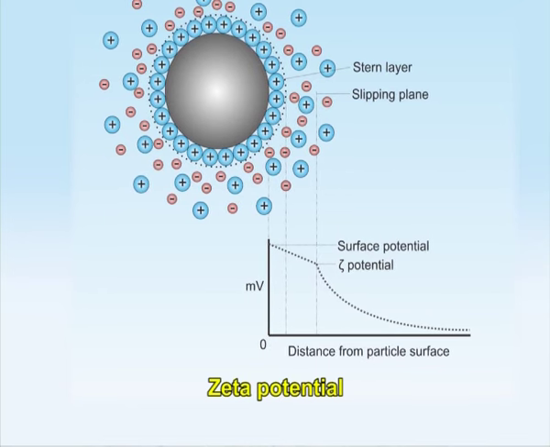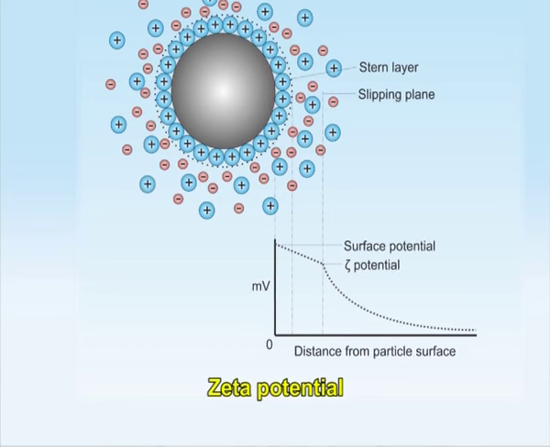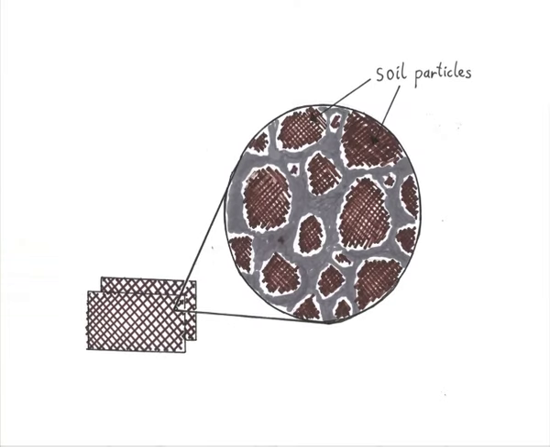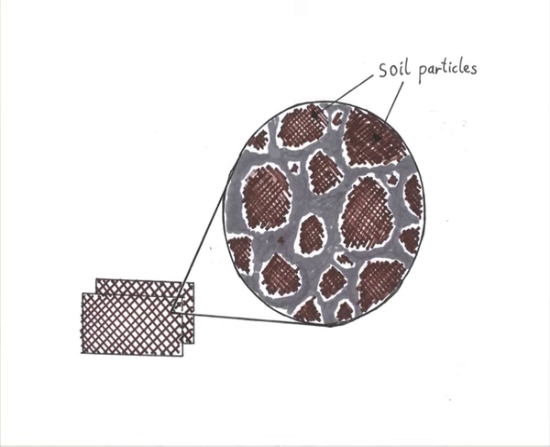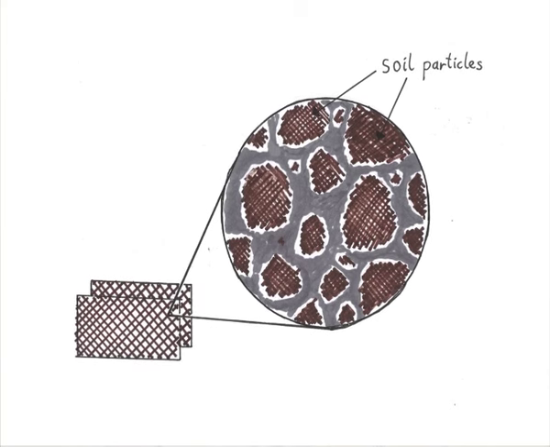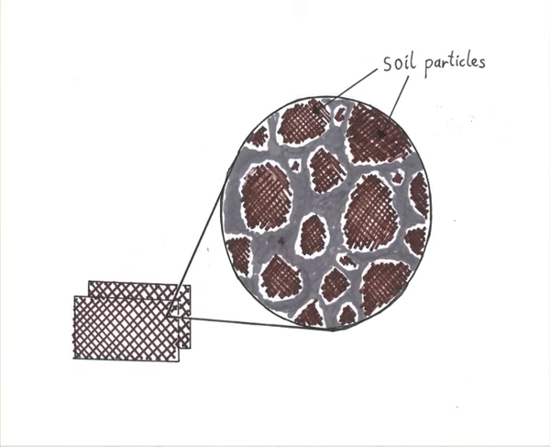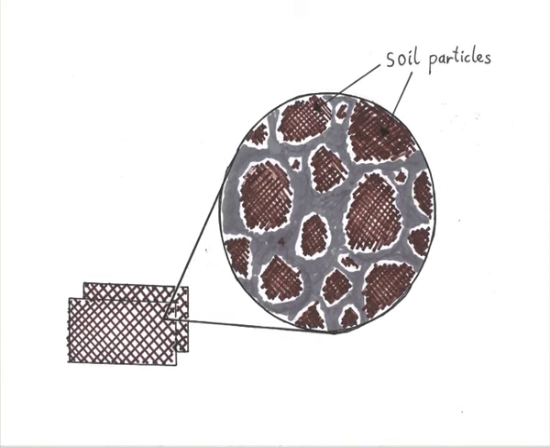The magnitude of the charge is known as zeta potential. The presence and intensity of the particle charge influence the attraction and repulsion of the particles towards each other, thereby influencing both physical and chemical properties.